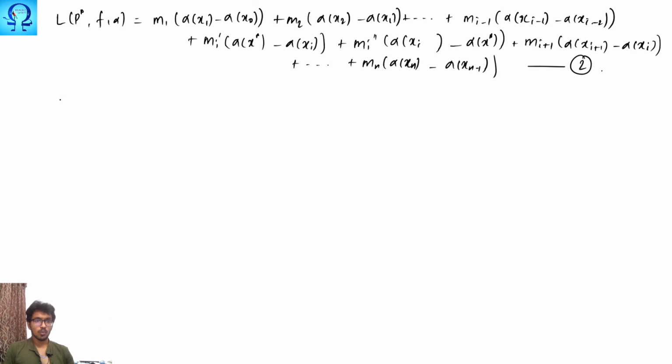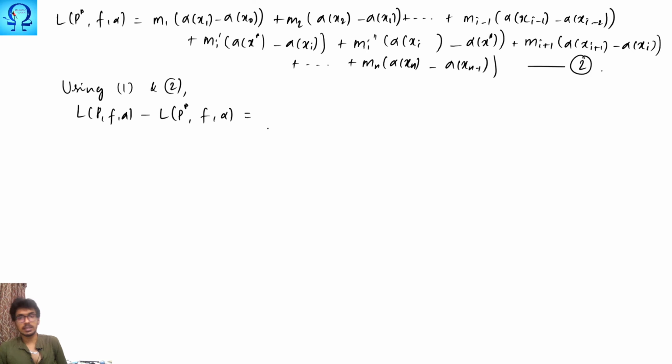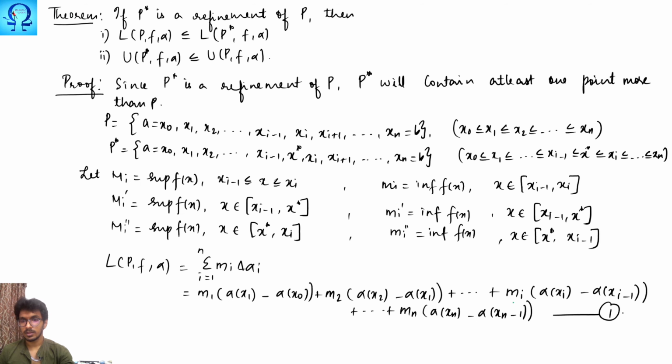Now, using 1 and 2, we are going to do something. What I am going to do is L(P, f, alpha) minus L(P star, f, alpha). If you have a closer look at these things, the terms except these will cancel; this quantity will remain, and in the other expression, these quantities remain. All other things get cancelled.